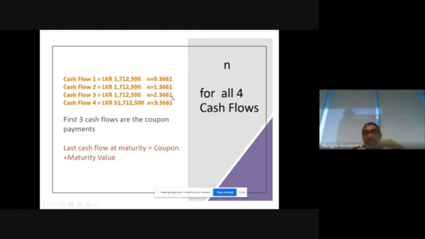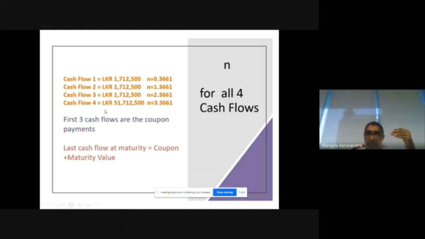That means it has to come from future to present 2.3661 coupon periods. That is exactly what I have explained.